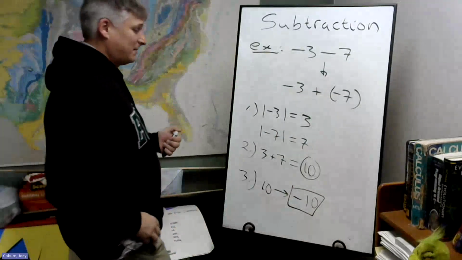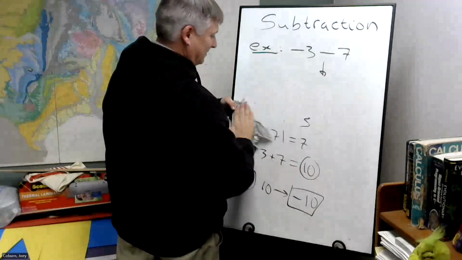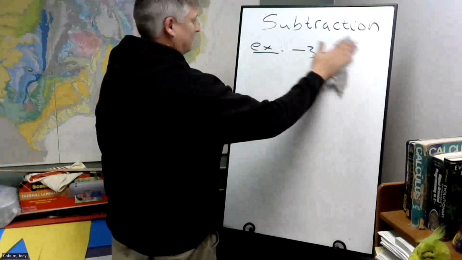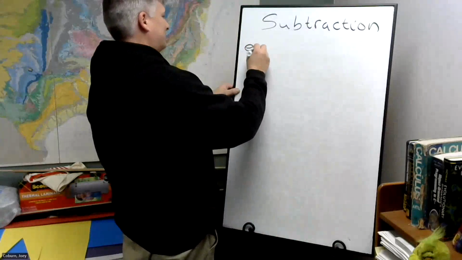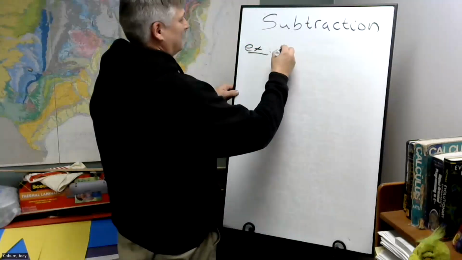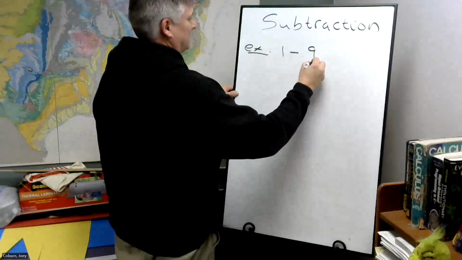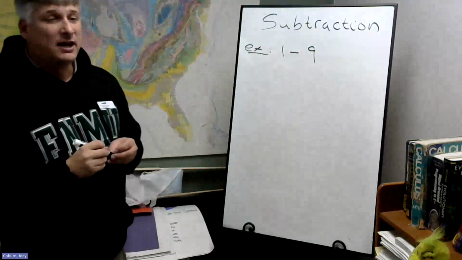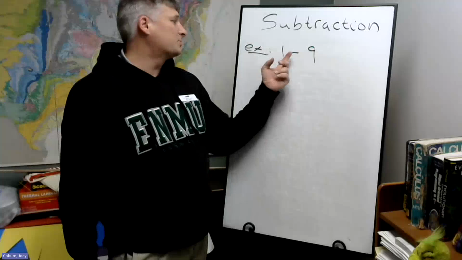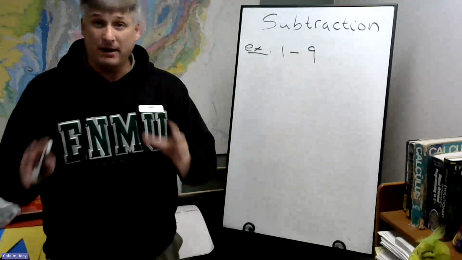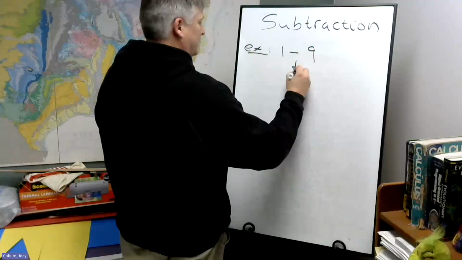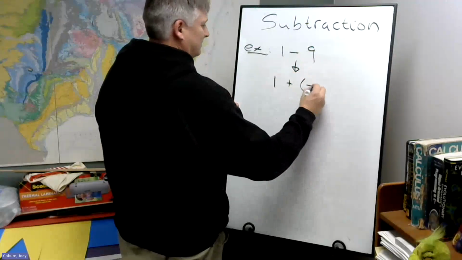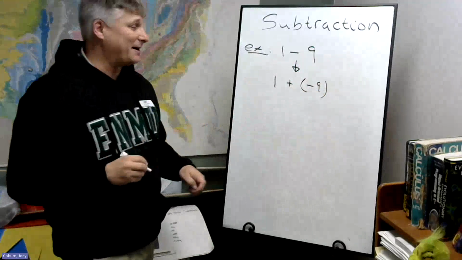Now, suppose we have something like this. One minus 9. Now, whenever we have a smaller number subtracting a larger number, prepare for negatives. So we can rewrite this as 1 plus a minus 9.